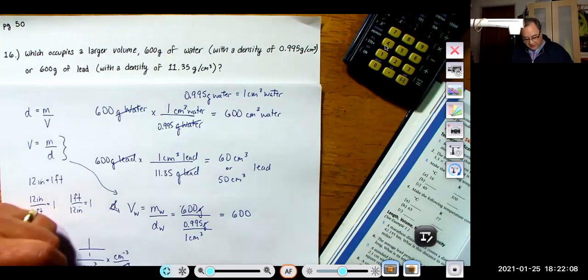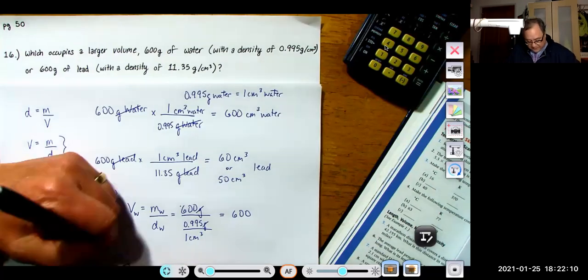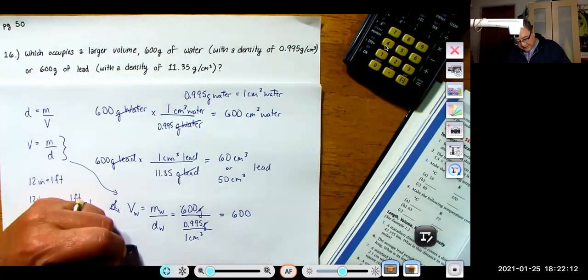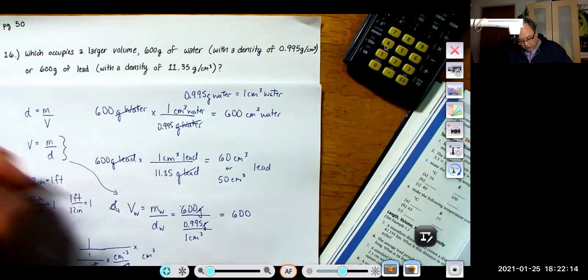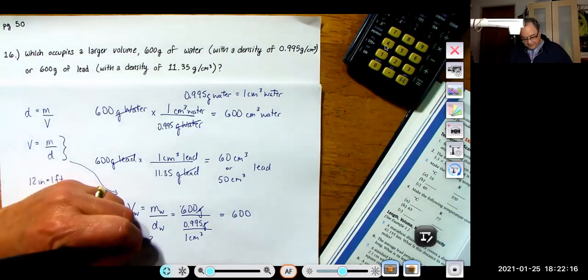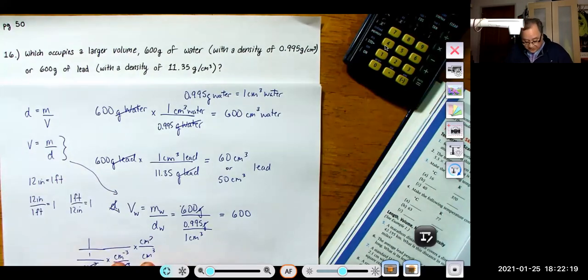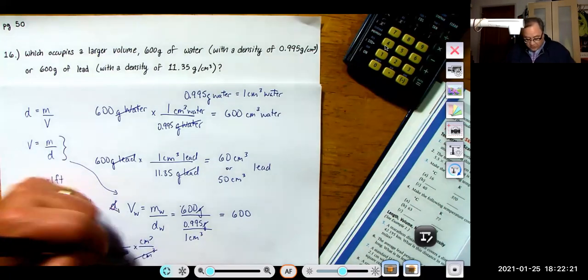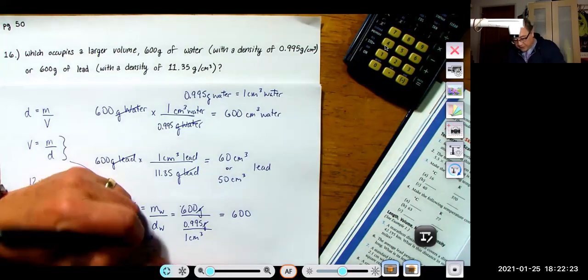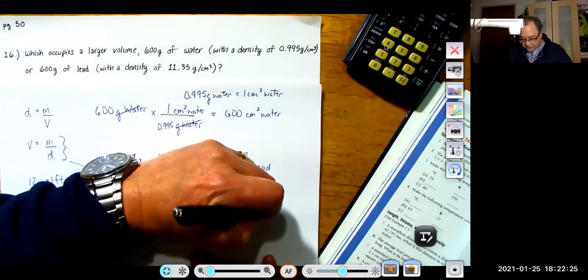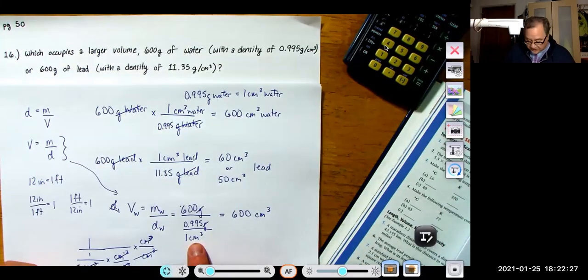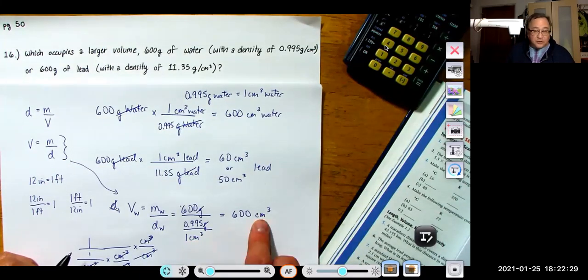And what happens here is that becomes 1. Then I'm going to multiply this times centimeters cubed over centimeters cubed. And that times that is centimeters to the 0, which is 1. So we get centimeters cubed. You don't need to show all that work. I'm just trying to show you that this centimeters cubed does end up being in the numerator.